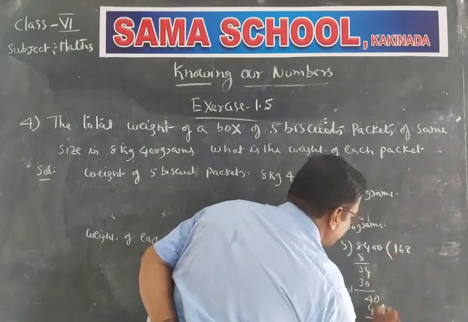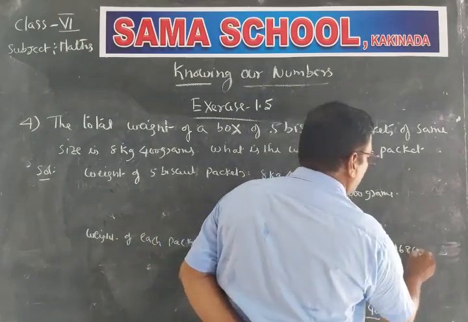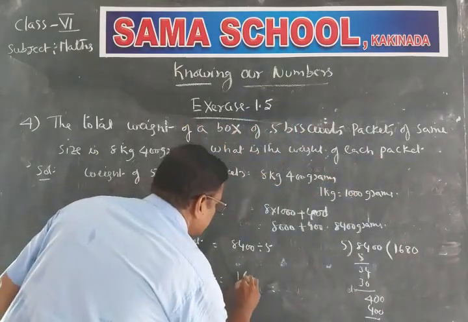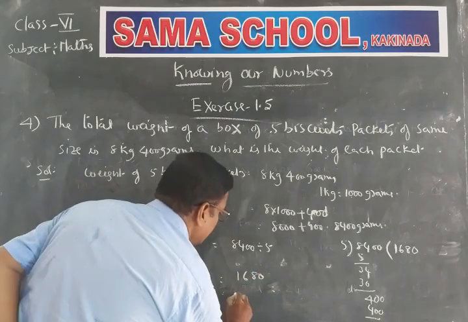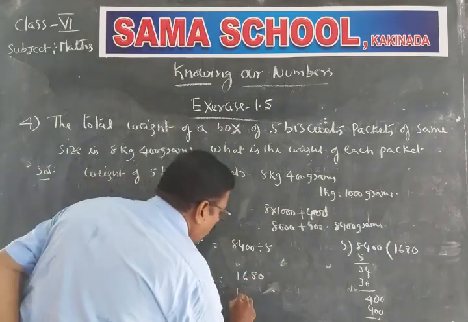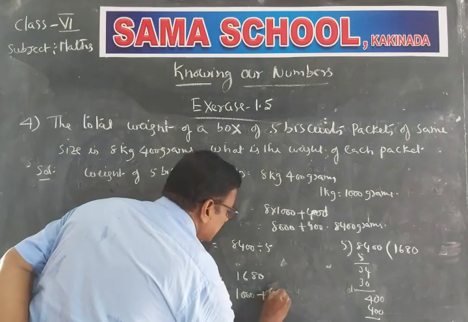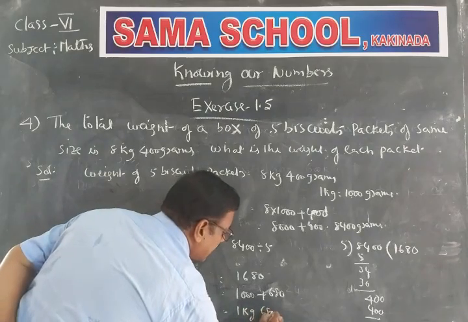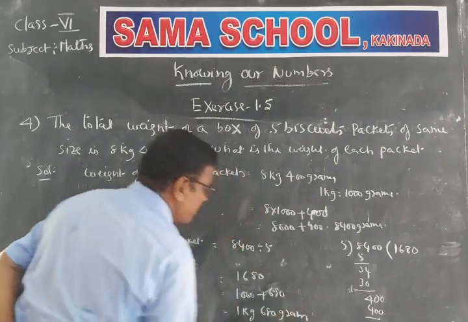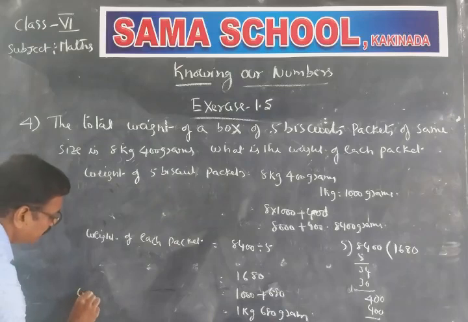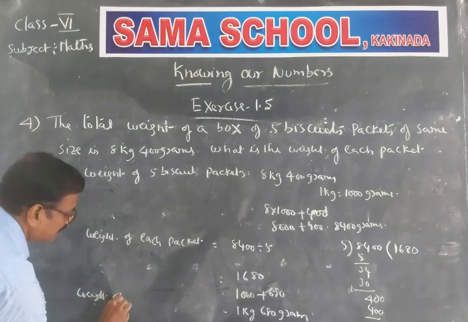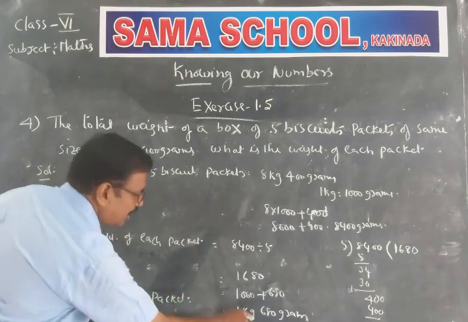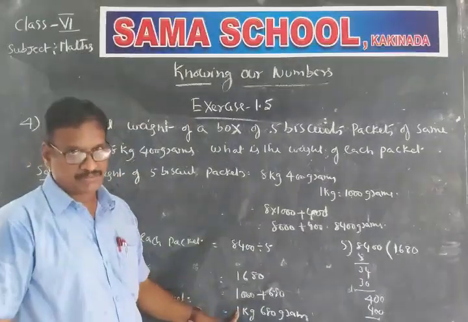So another 0 is left, keep the 0. That is 1680. How to write it? 1000 plus 680, that is 1 kilogram 680 grams. The weight of each packet is equal to 1 kilogram 680 grams.